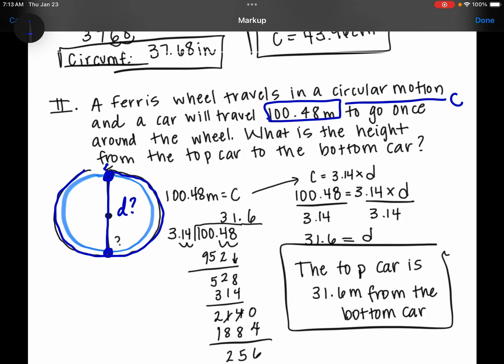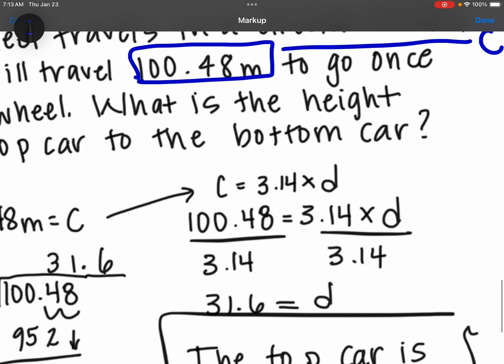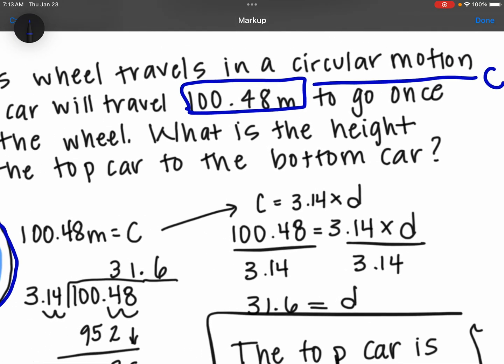So we use our formula, circumference equals 3.14 times diameter, because they're asking for the diameter. And you actually have the circumference. So what we went ahead and did is we substituted it. So we know 100.48 equals 3.14 times diameter. What are we solving for? Well, we're solving for diameter.